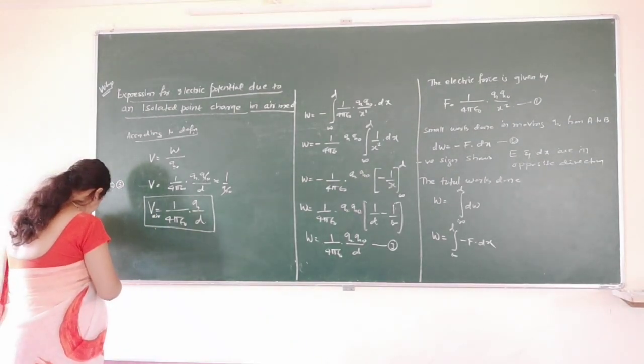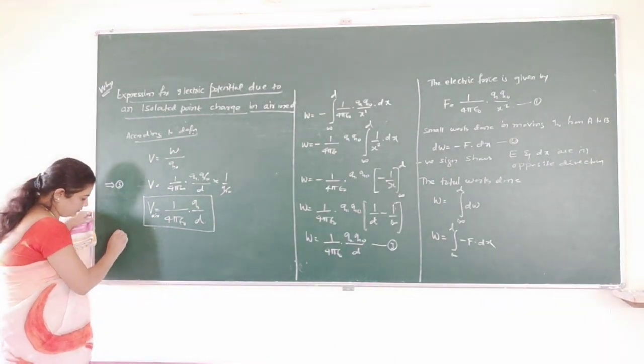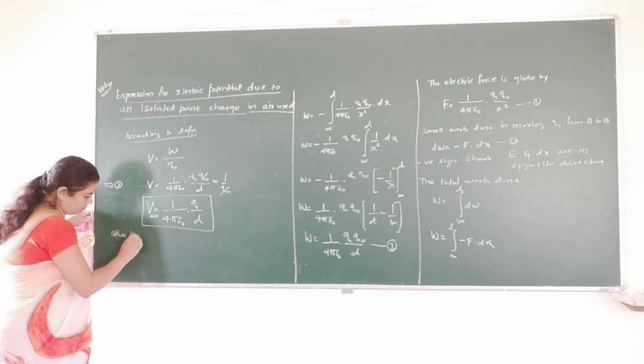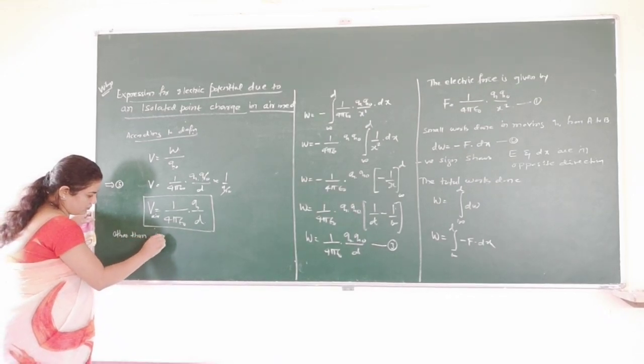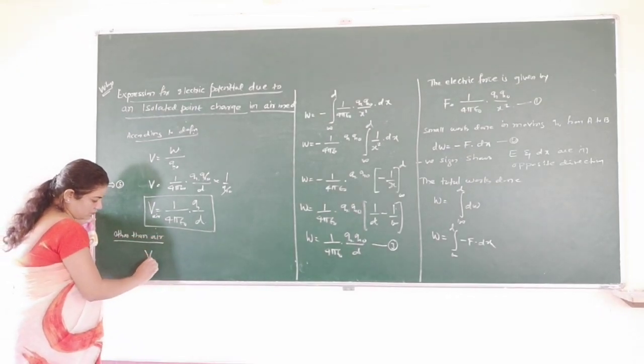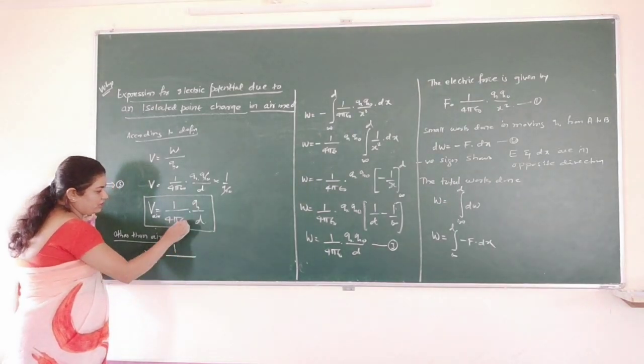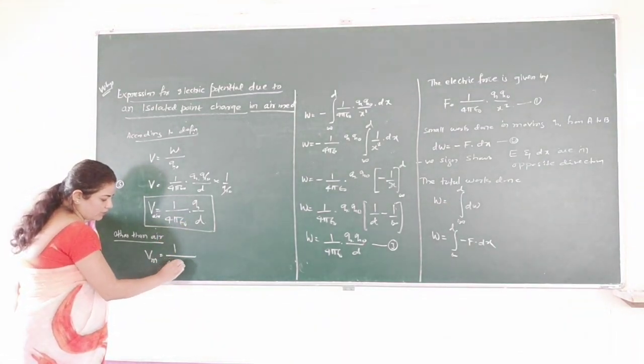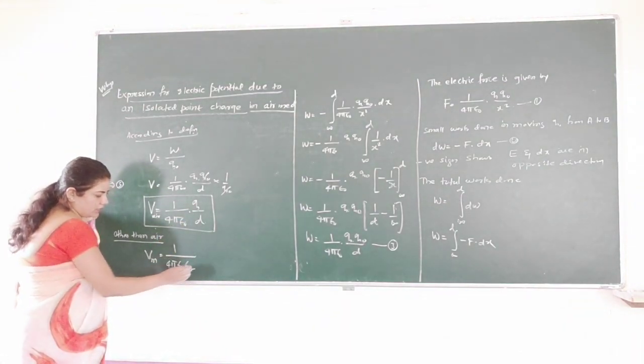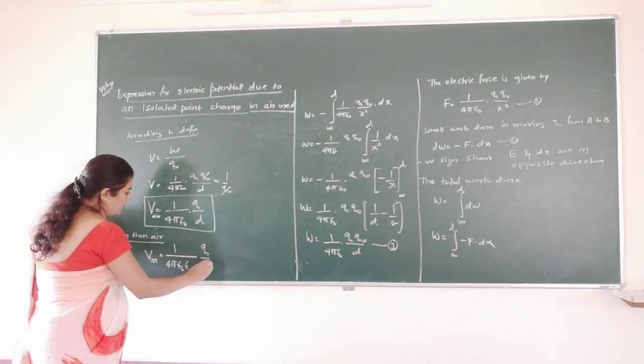Other than air, epsilon r is introduced here: 1 divided by 4 pi epsilon naught epsilon r Q divided by d.